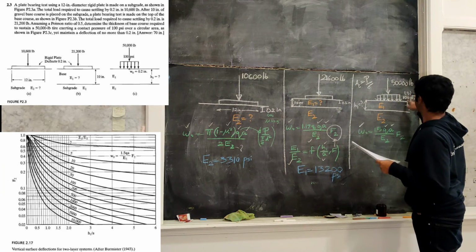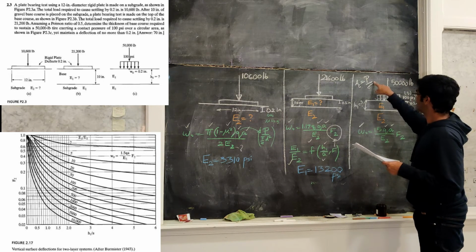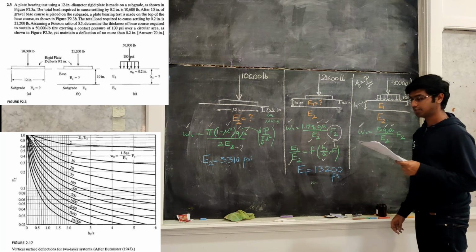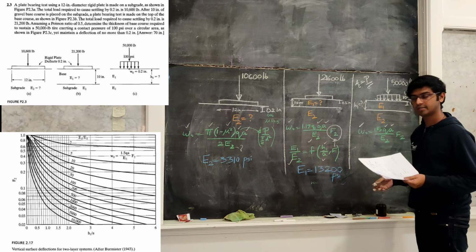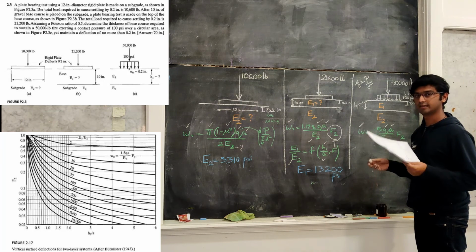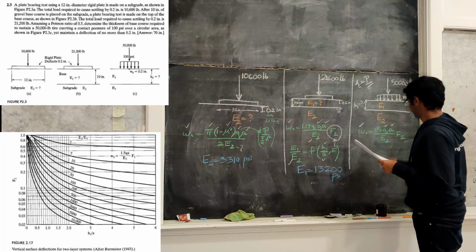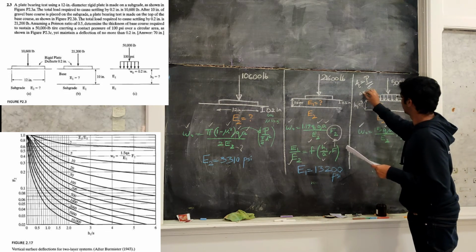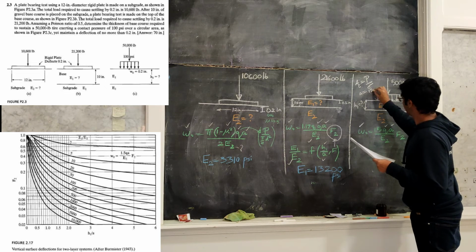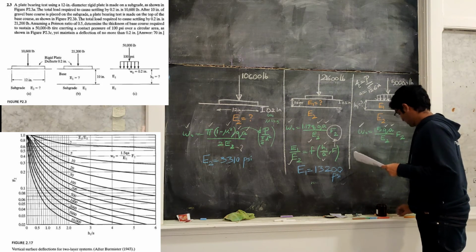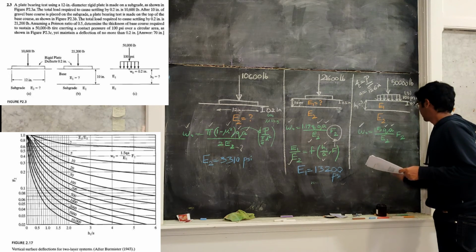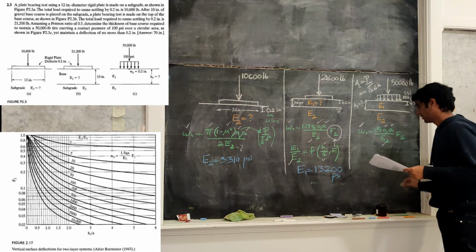If you divide the load by the stress, you will get the contact area. Assuming a circular contact patch, you can get the diameter, which is around 12.6 inch. Okay? From this, you will find F2.